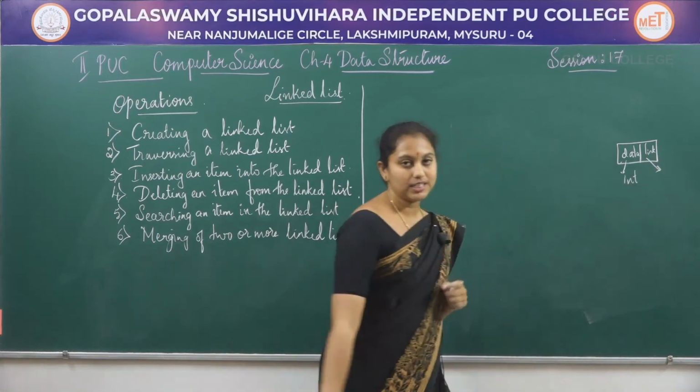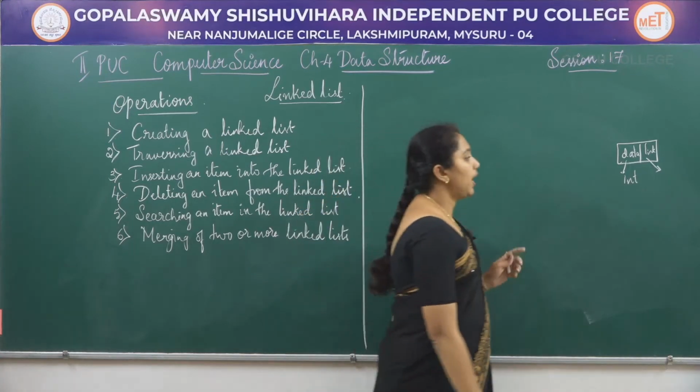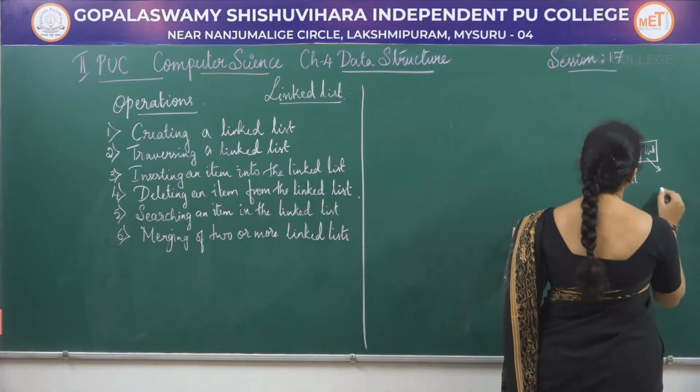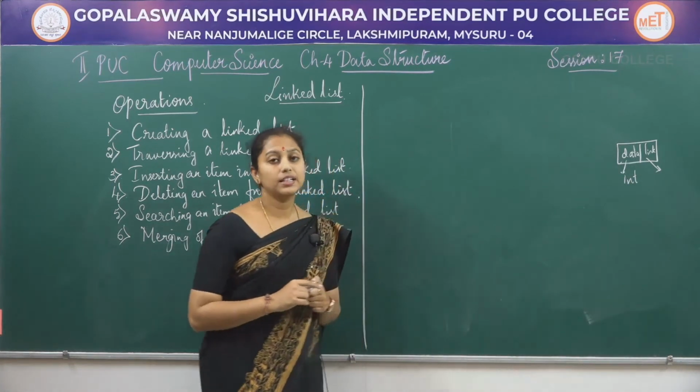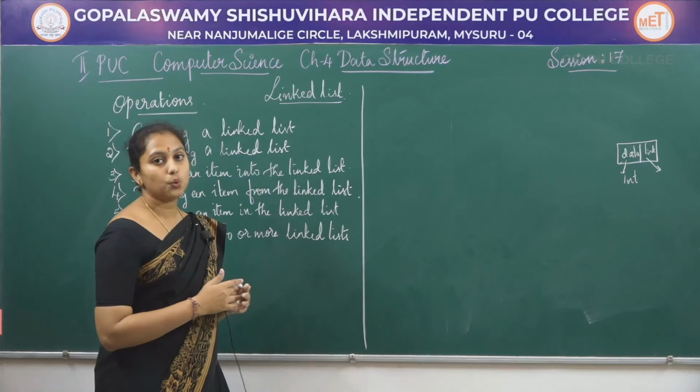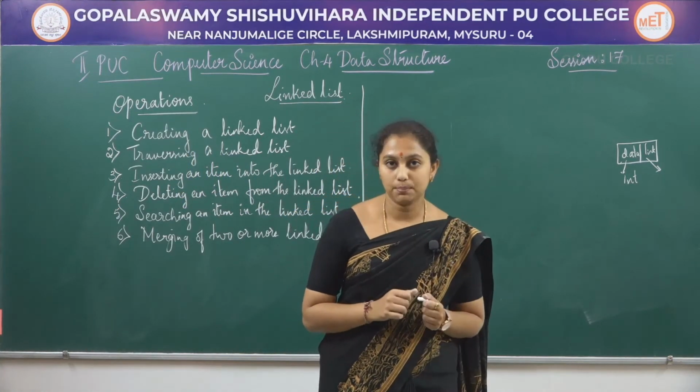The link field contains the address of the next node. As it is a pointer type, the data types may differ. In this case, we can think of the structure concept.